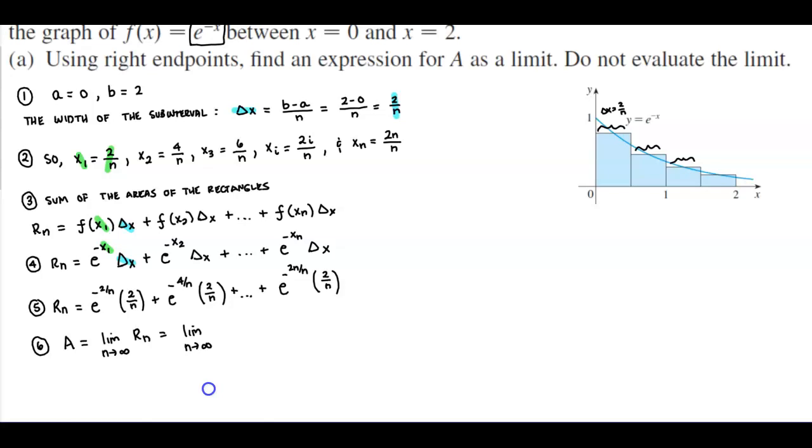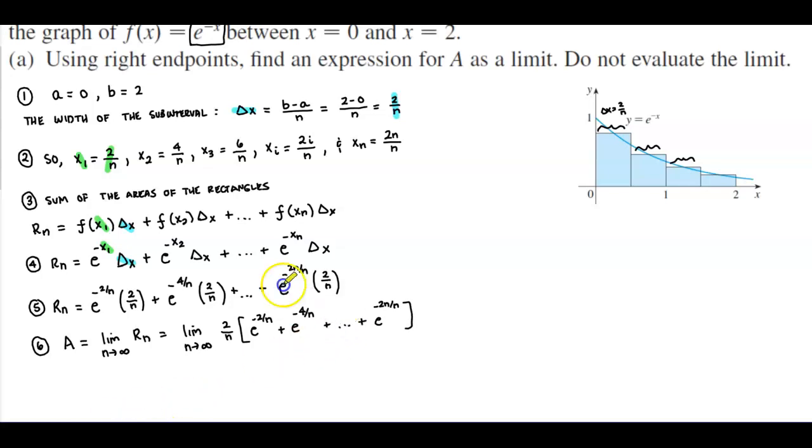Well, each item has a 2 over n, so we can factor that out. And then what's left? We have e to the negative 2 over n plus e to the negative 4 over n plus e to the negative 2n over n.